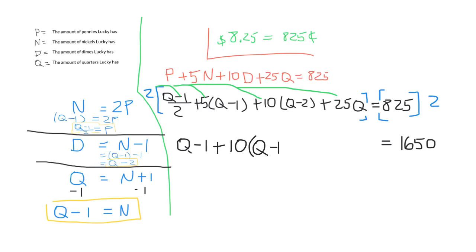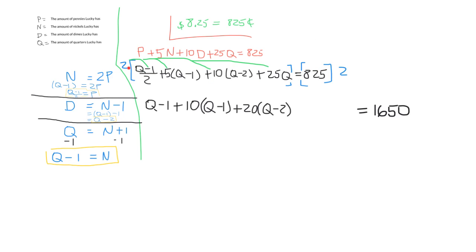Notice how q minus 1 is preserved. Now we have 2 times 10 times the quantity of q minus 2. Well, that's going to be plus 20 times (q minus 2). And then we're going to have 2 times 25q, and that's very clearly 50q.